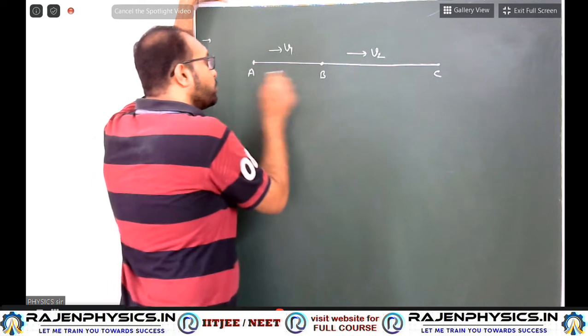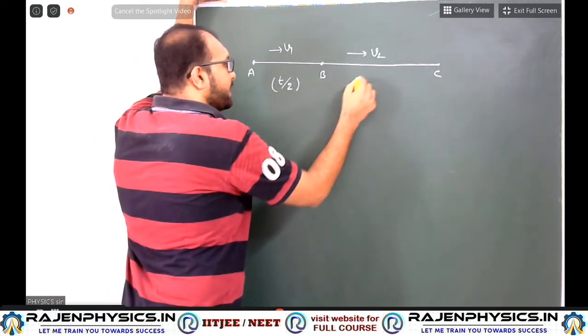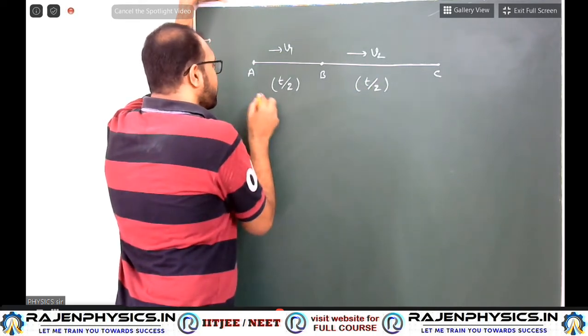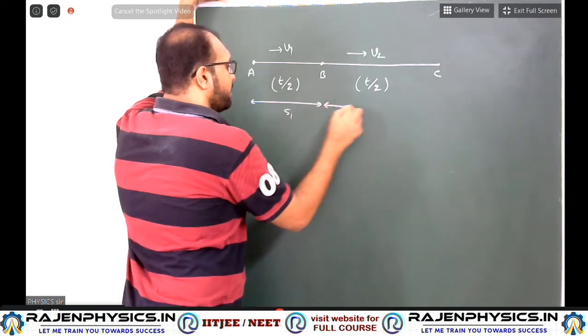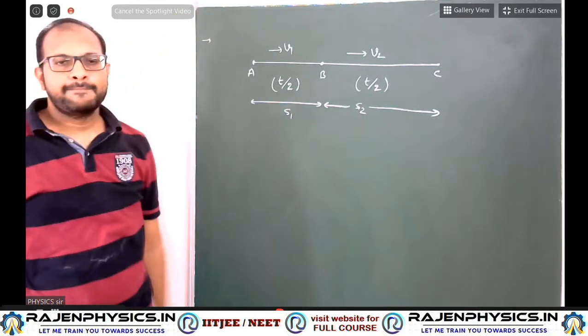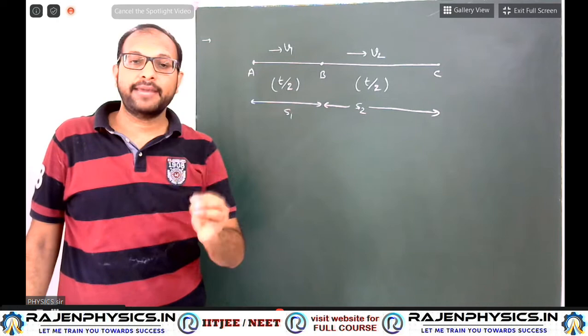But A to B time is t by 2, B to C time is t by 2. So this distance is S1, this distance is S2. Small t is the total time of journey.